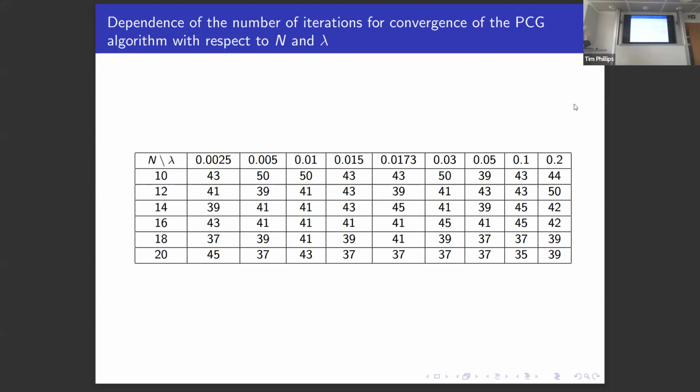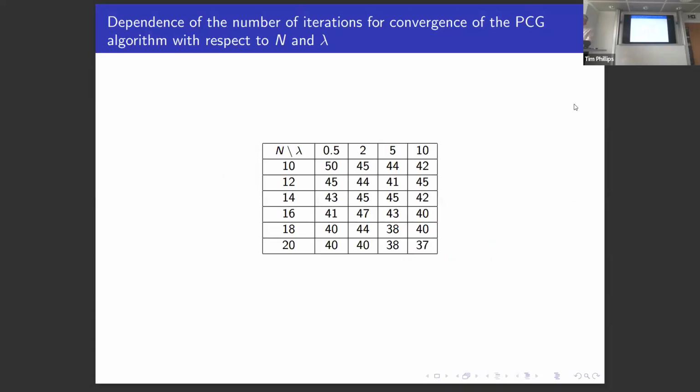What you notice here is that there is very little variation in the number of iterations. Indeed, if we look at larger values of lambda, again, we're looking at between 35 and 50 iterations to converge across the range of approximation orders.